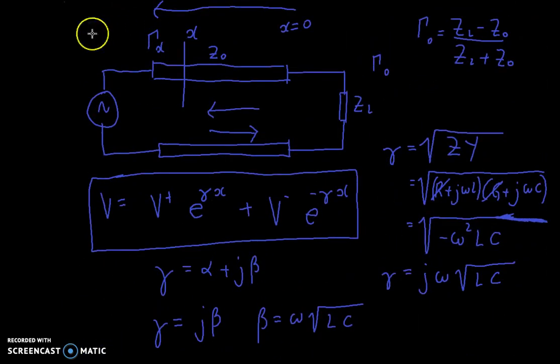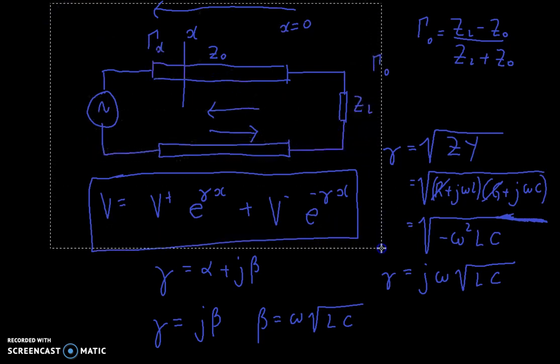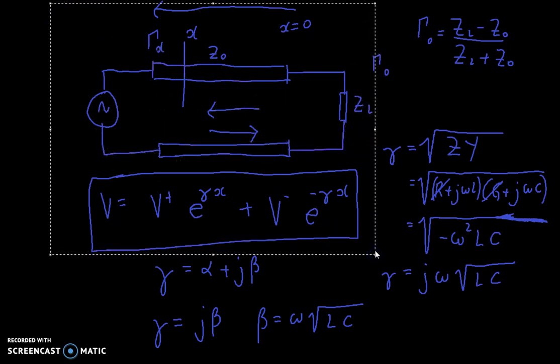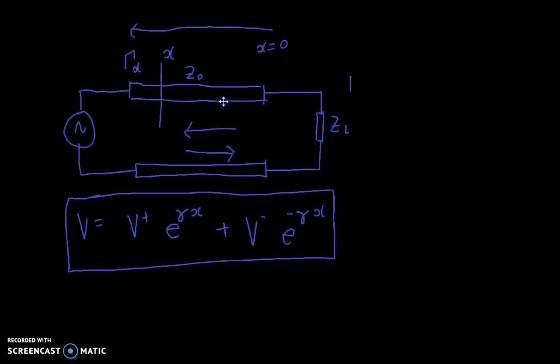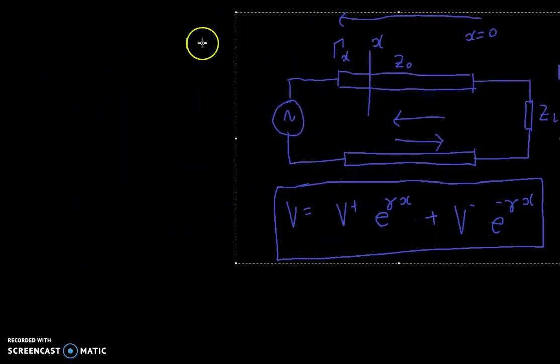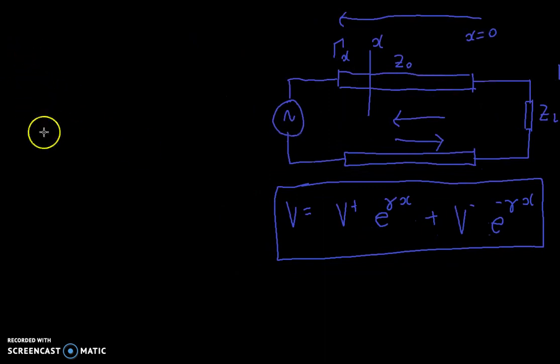Let me just copy this stuff here and put it at the bottom. Okay, so let's now calculate the reflection coefficient gamma x. Gamma x, which is equal to, so this is the point x, so this will be equal to V minus at x divided by V plus at x.